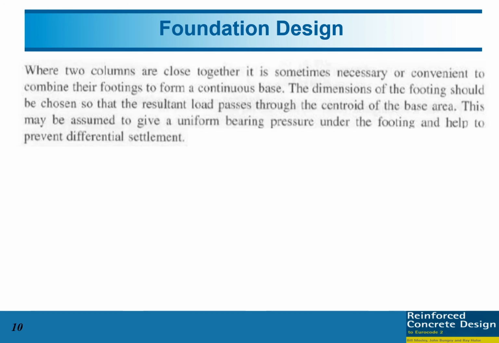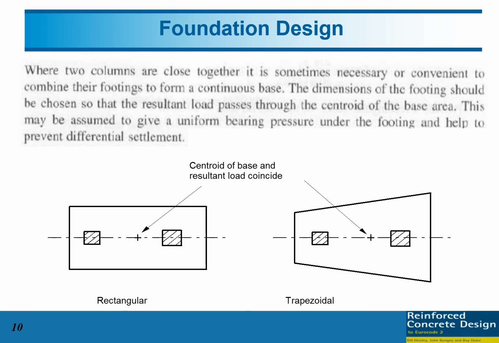Okay, where two columns are close together, it is sometimes necessary or convenient to combine the footings to form a continuous base. Actually, if you design the left column and the right column separately, there will be overlapping between the foundations of the smaller column and the bigger column. So it is better to combine them in order to support the load together.